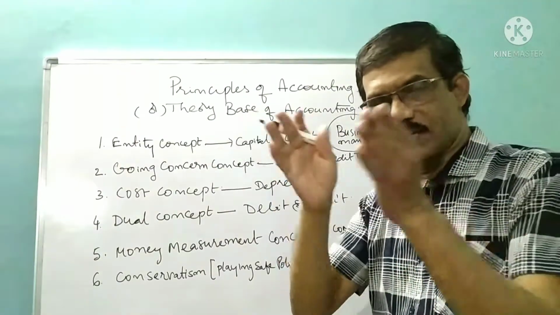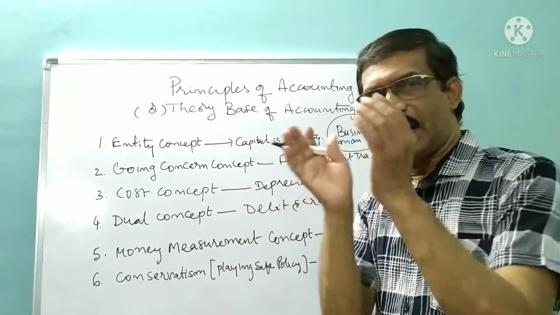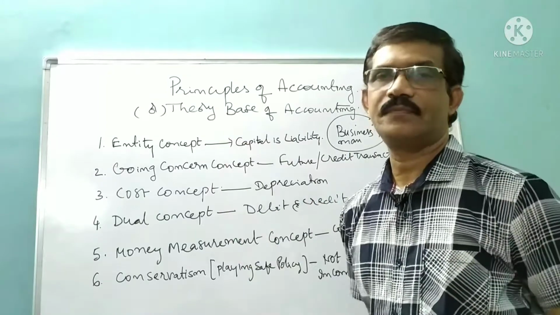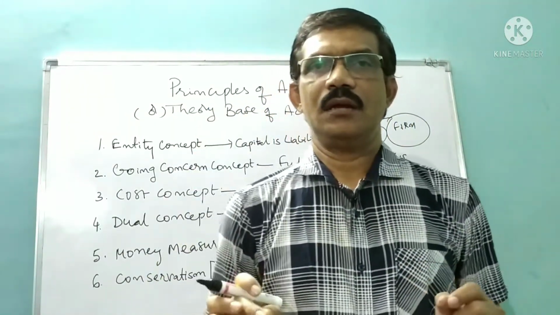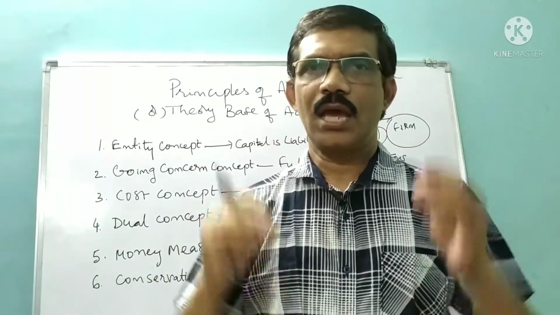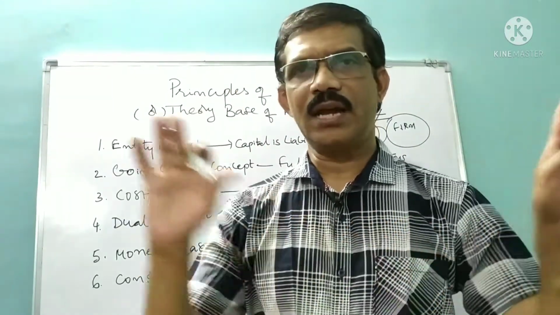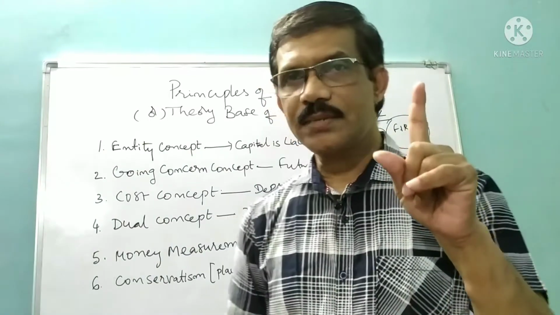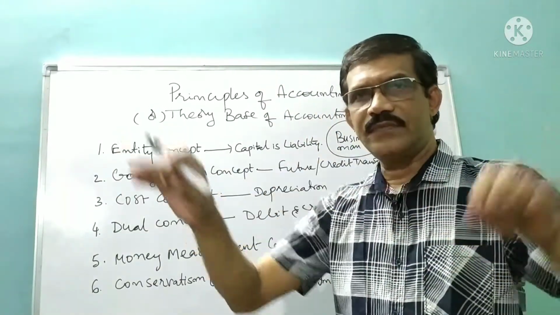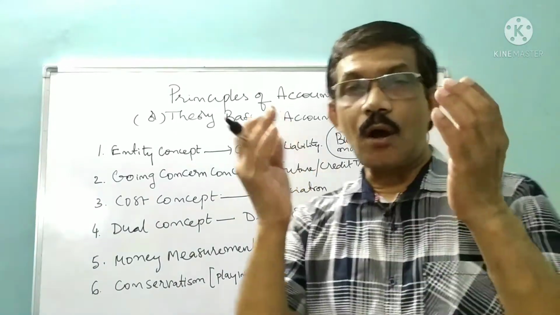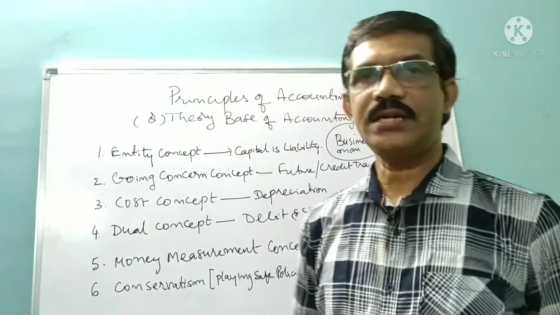Owner and his firm are separated. This is the fundamental assumption of accounting, and it helps immensely in all the accounting work. So what is the assumption? Businessman and his business both are different. This is how we should assume, right?